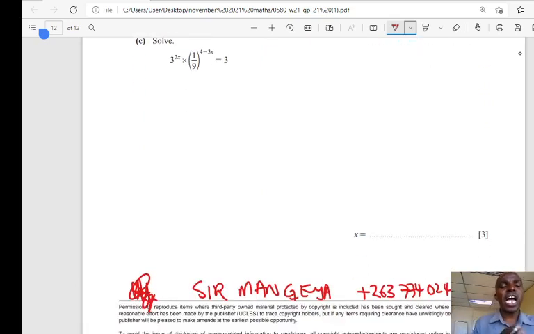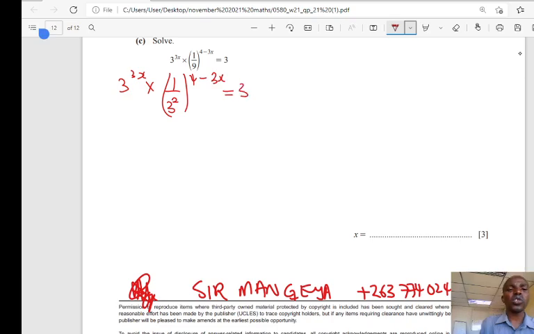Solve. These are still equations involving indices or powers. Right, you can see 9 can be expressed as the power of 3. You say 3 to the power 3x times 1 over 3 squared to the power 4 minus 3x is equal to 3.